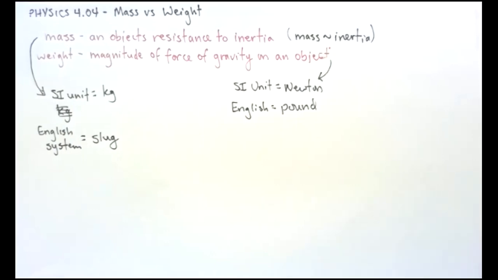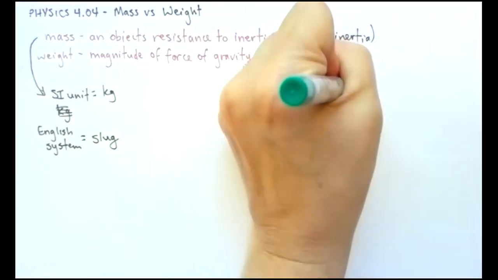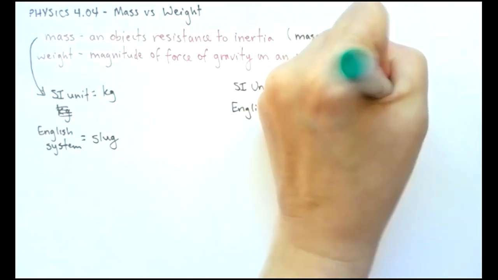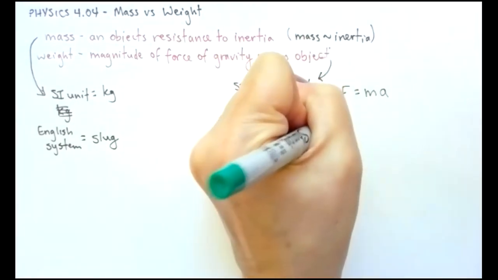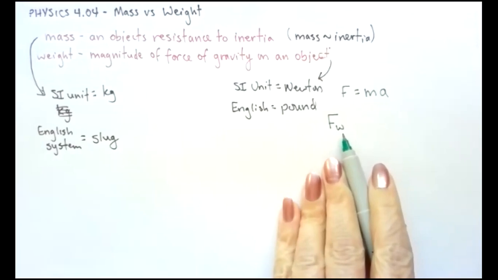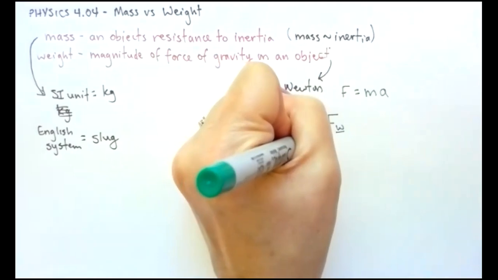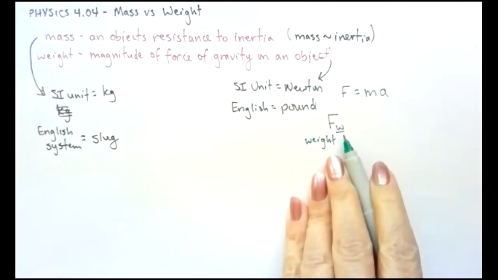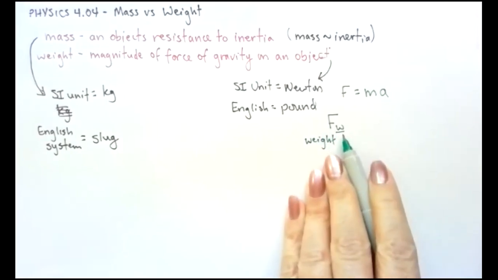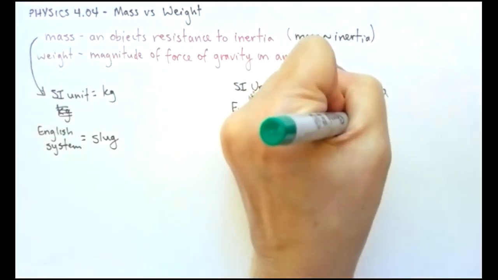Know that, so if these are both forces, we know that force is mass times acceleration. So we use mass to find the force. What you're going to see me do from this point forward is for the force due to gravity, I'm going to put F sub W, and the W is weight, because I want to reinforce for you that we're talking about a force and that weight is a force.